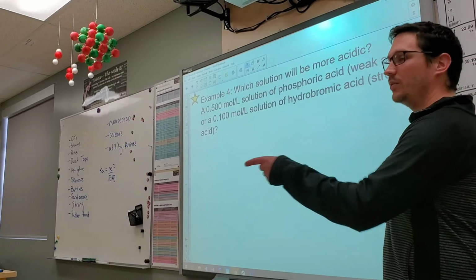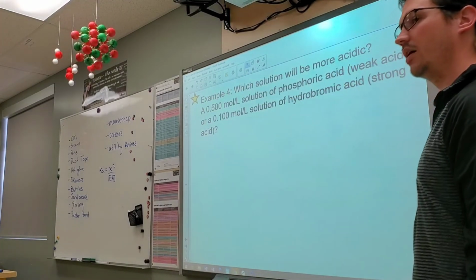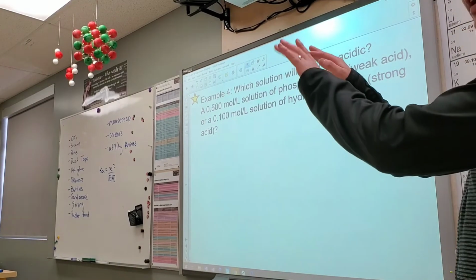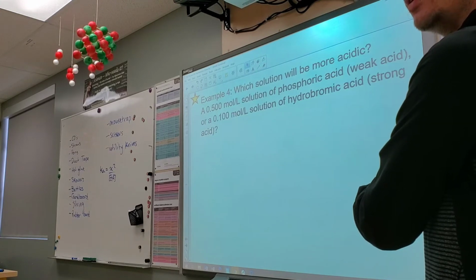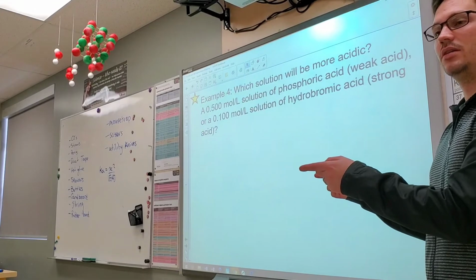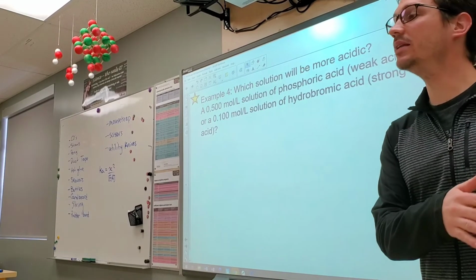The strong acid or the weak acid, the high concentration or the low concentration? High concentration? If I have lots of acid, shouldn't there be lots of hydronium? But a strong acid, what does a strong acid do? Ionizes completely, 100%.